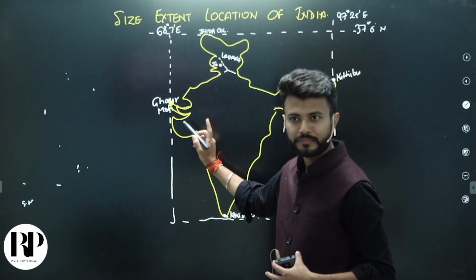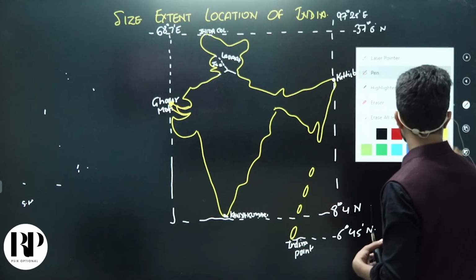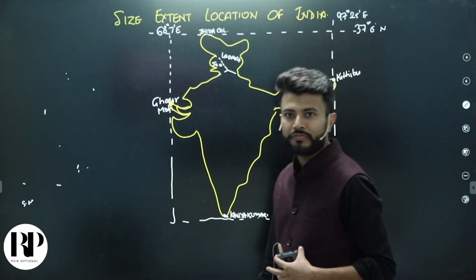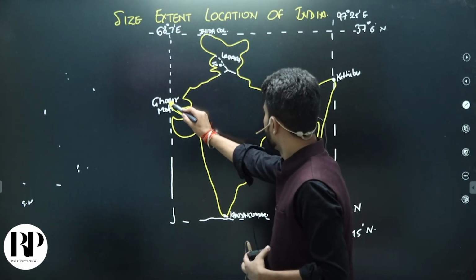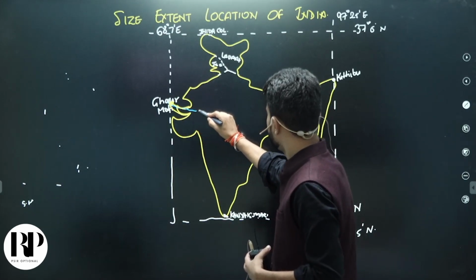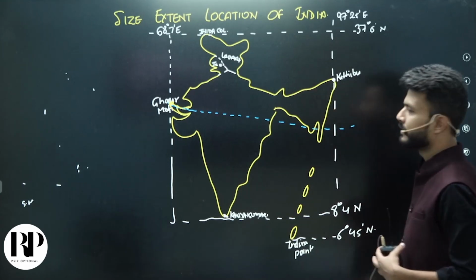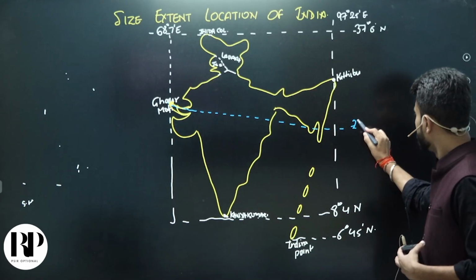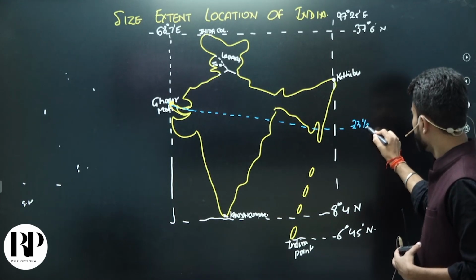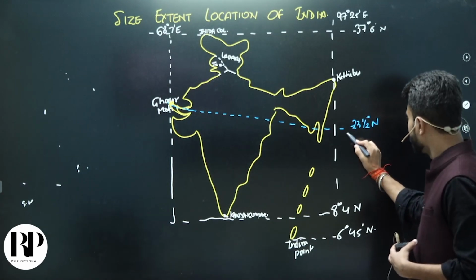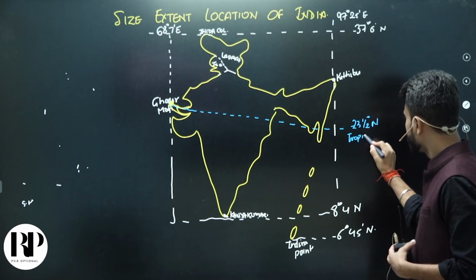Okay. Now you have what? Tropic of Cancer. Tropic of Cancer passes like this. This is 23.5 degree north. That is Tropic of Cancer.